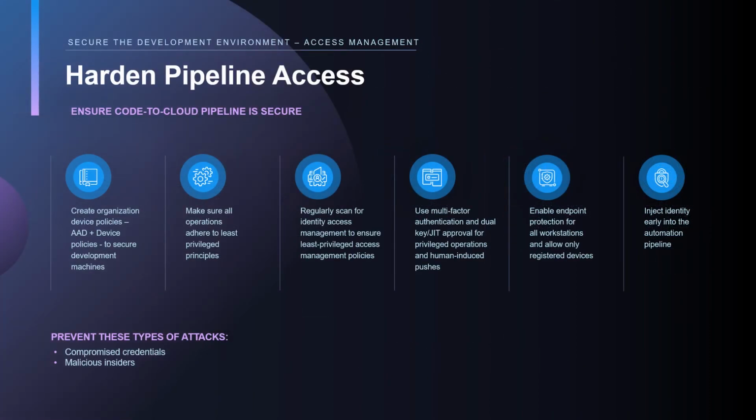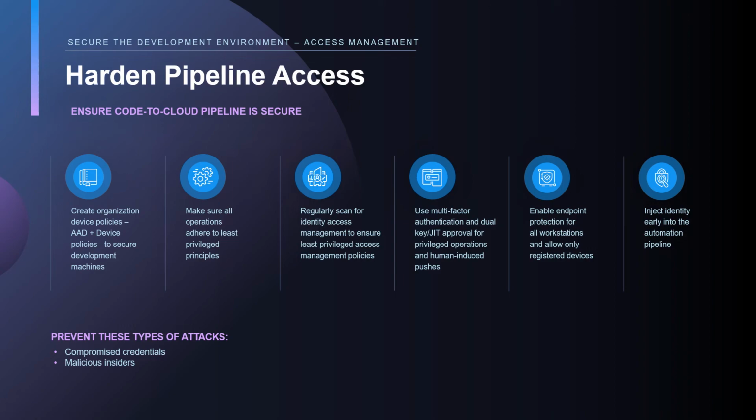In order to ensure the code to cloud pipeline is secure, organizations need to do the following. Create Azure AD and device policies that will secure development machines. For example, if a device gets lost, wipe the device. Next, make sure all operations adhere to least privilege principles. Next, regularly scan for identity access management to ensure least privilege access management policies are adhered to.